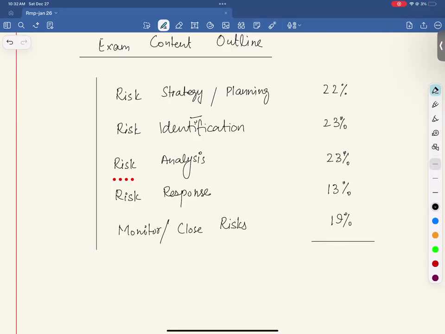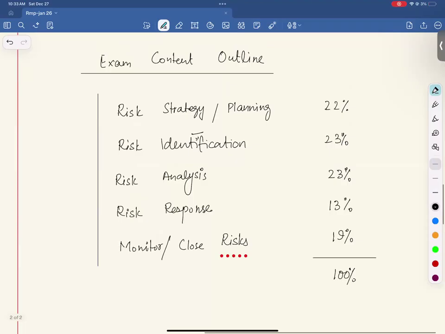So this is how we will cover 100% of the exam content. Once again, PMI certifications are not based on any standard. They are based on the exam content outline, and as per the latest exam content outline for risk management, there are 5 sections. So this is the percentage of each section. Is it clear, everybody? So we are going to start with the first one.